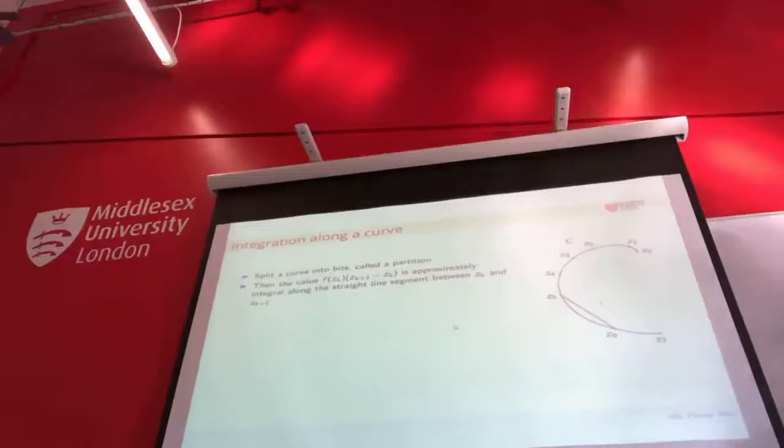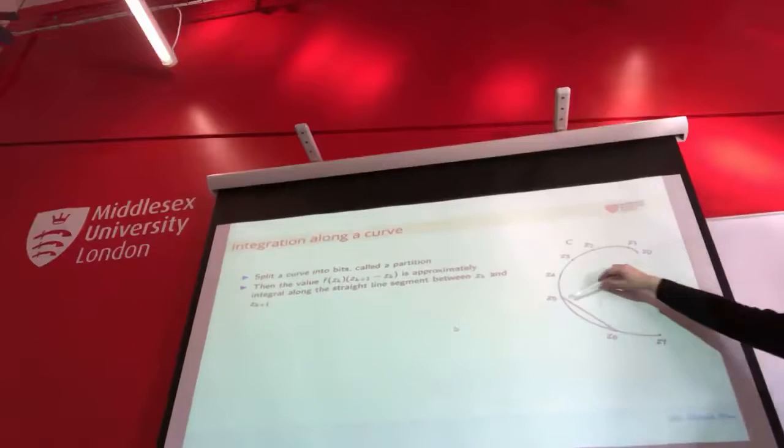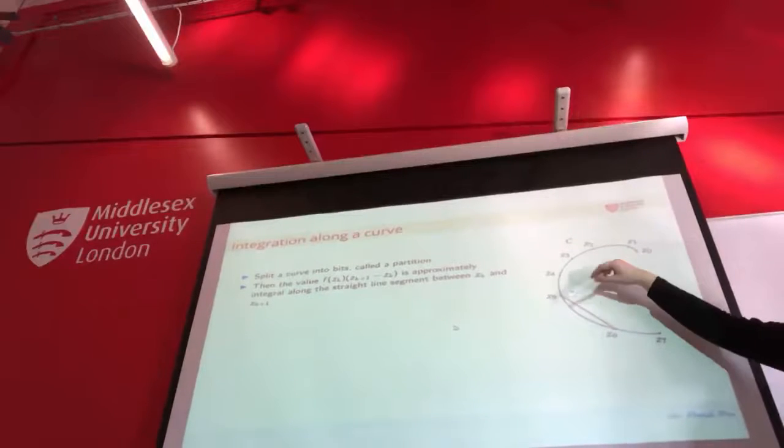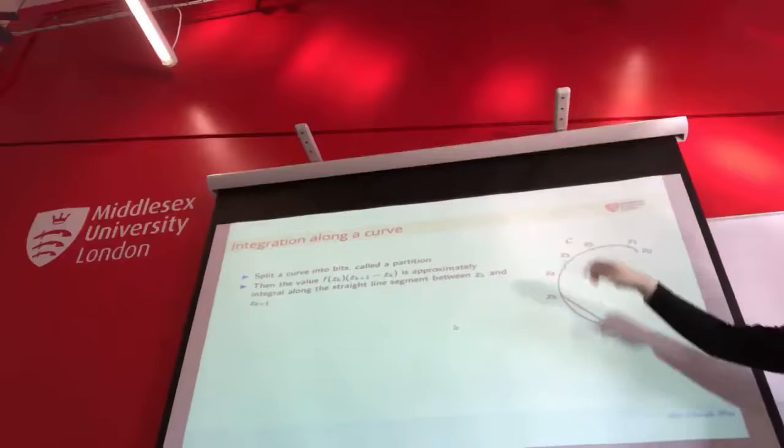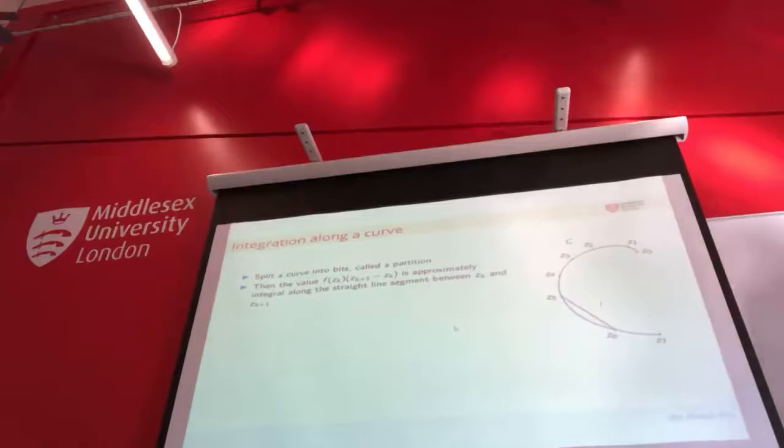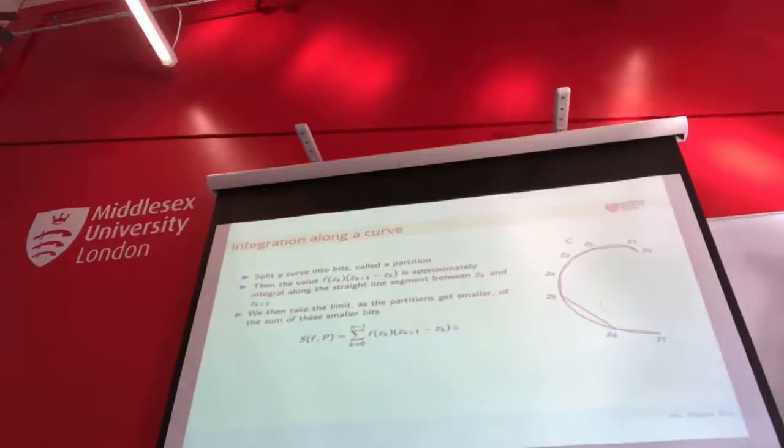That gives you values, and the idea is that this is an approximate value of what the function is multiplied by the size of that partition piece. Then you do that for all of the points, you sum it up, and that should be an approximation of your integral.